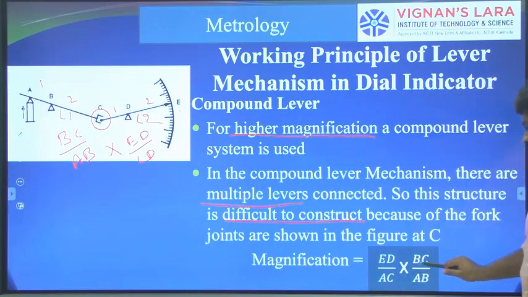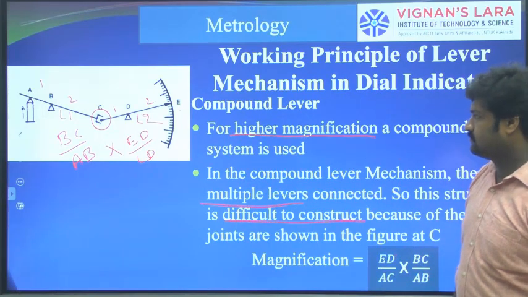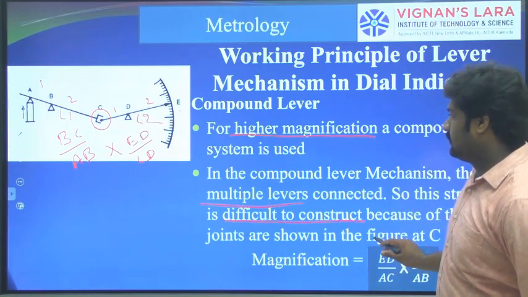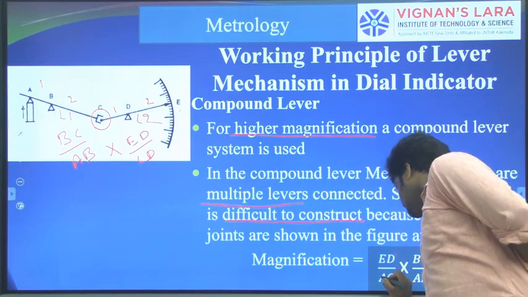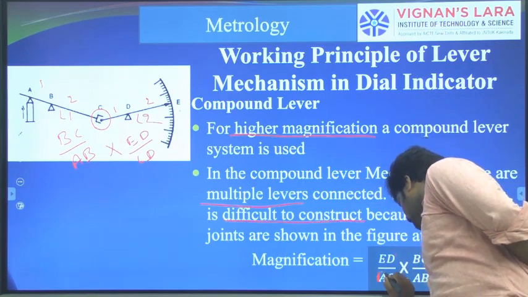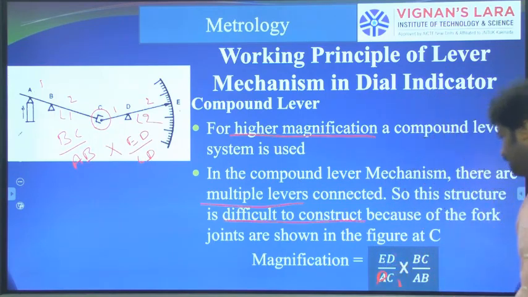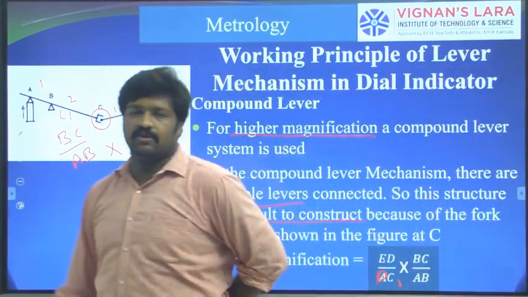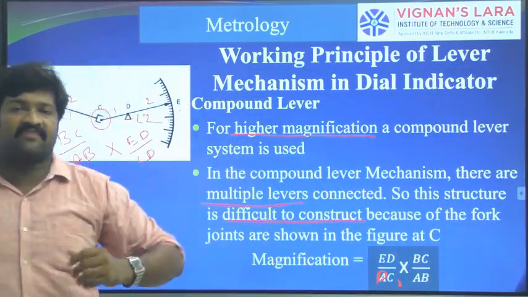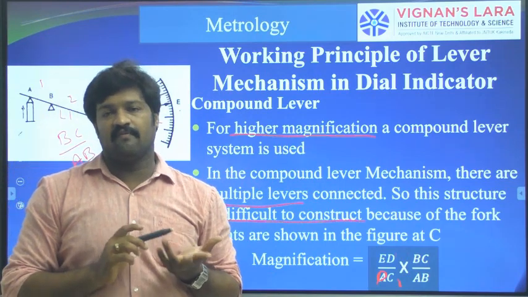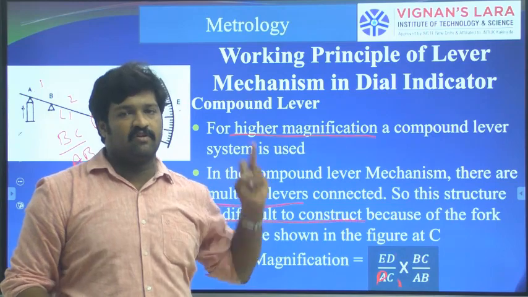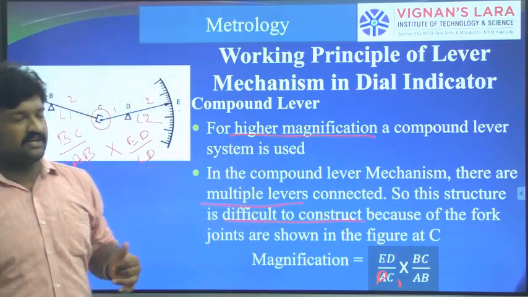So the result is BC by AB times ED by DC. This is our final magnification. If the required magnification is small, then we will go for the simple lever mechanism. If the required magnification is high, then we will go for the compound lever mechanism.